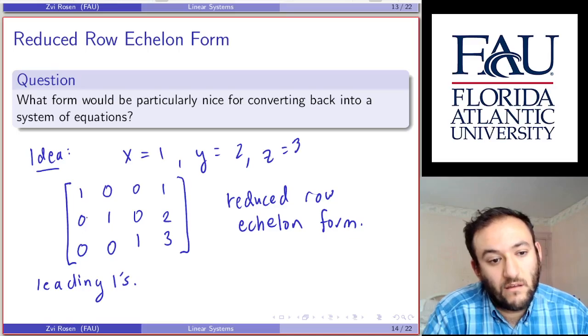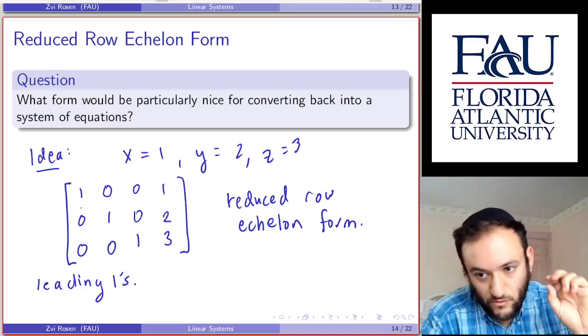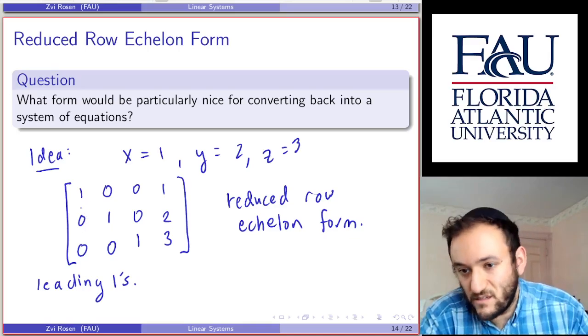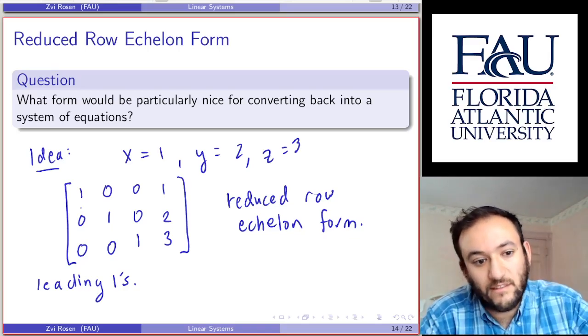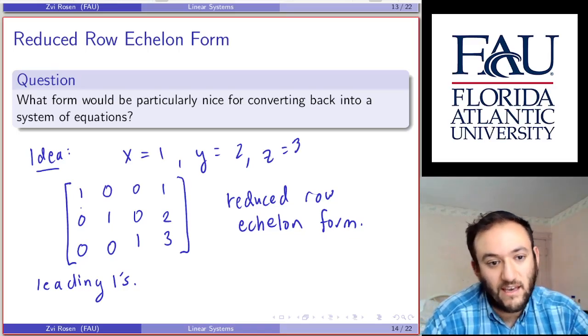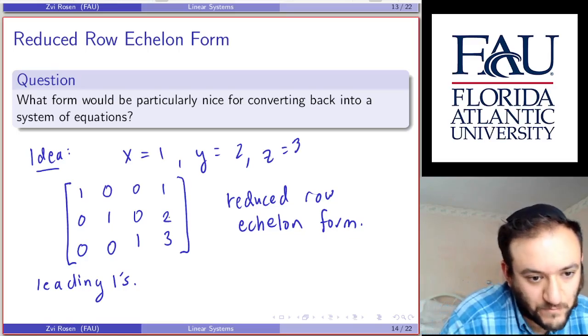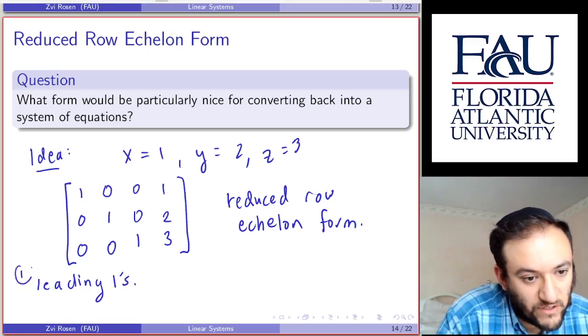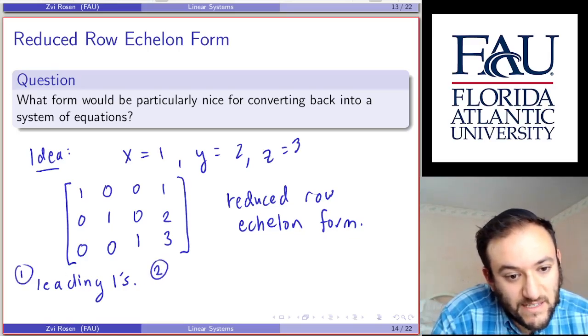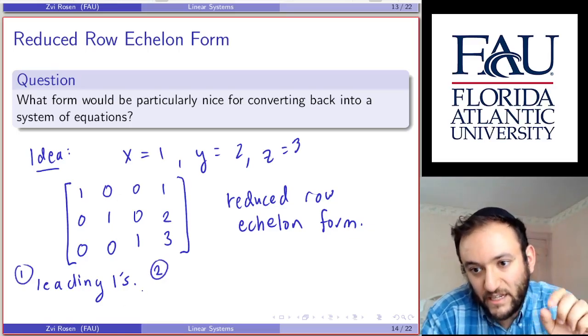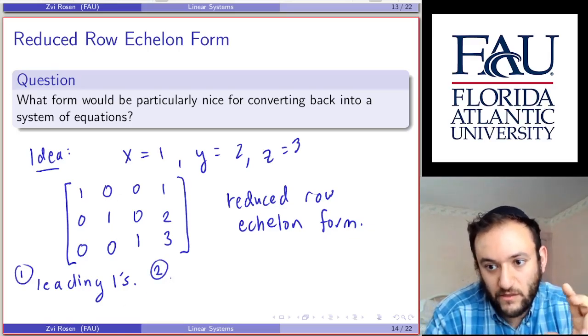So that, for instance, you don't have to take like 2x equals 1. Like you've already cleared the coefficient of the x, so it's just x equals something. Okay, that's one feature.